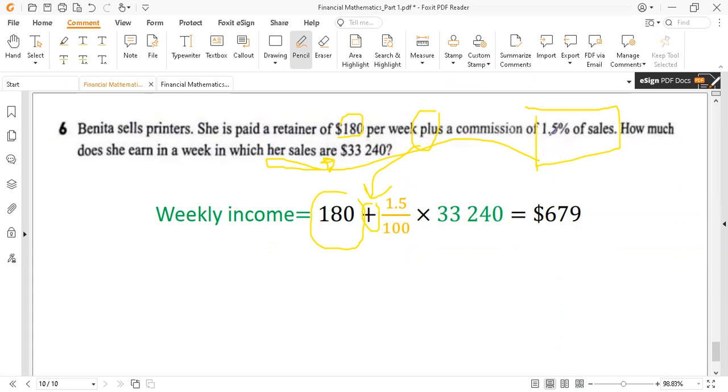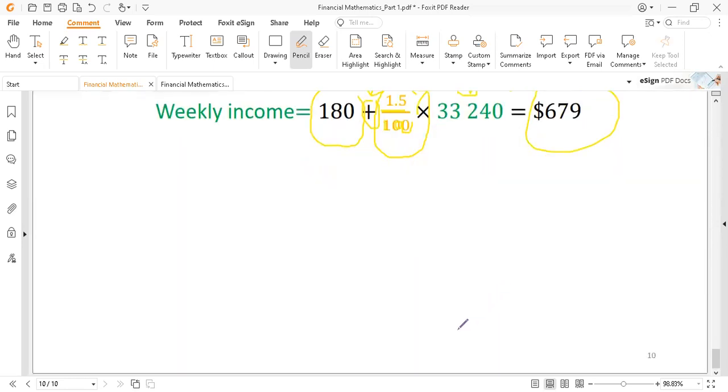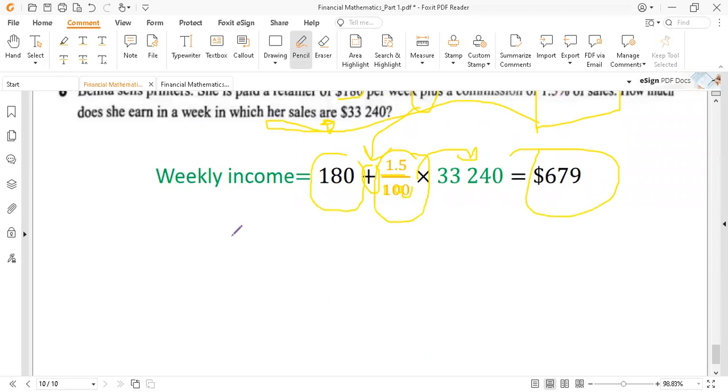So the percent 1.5% we divide by 100 and we multiply it by the value of the sales, to obtain finally $679.